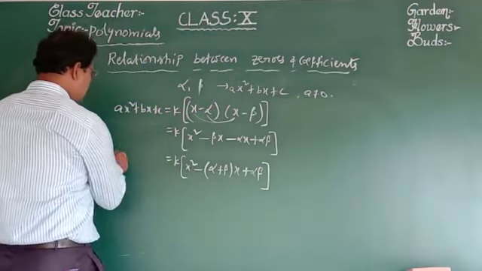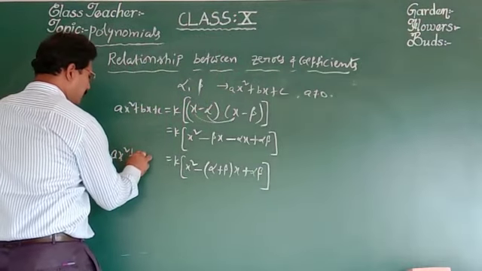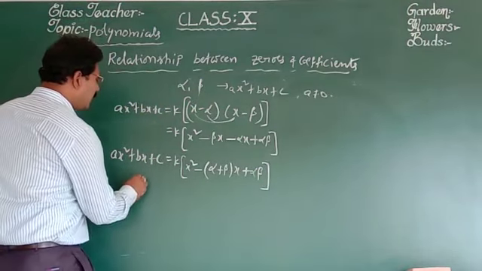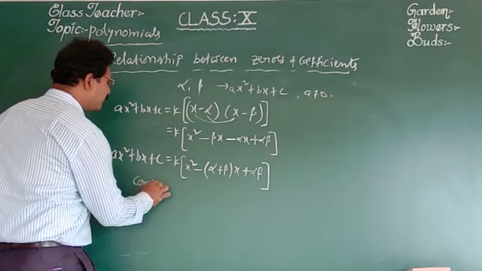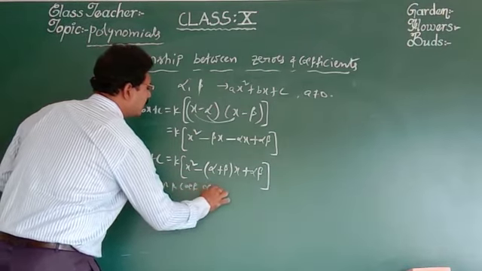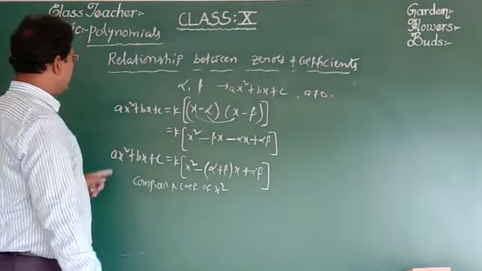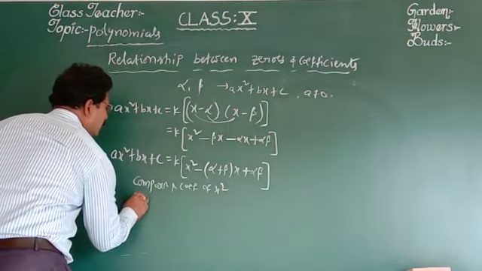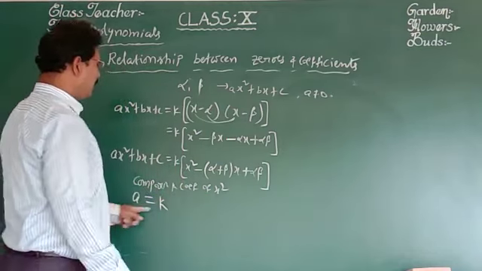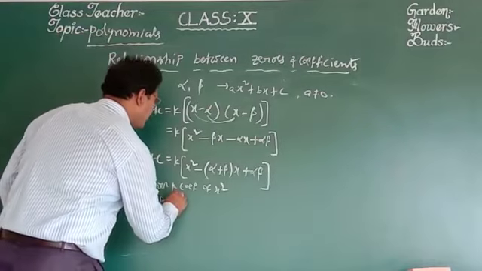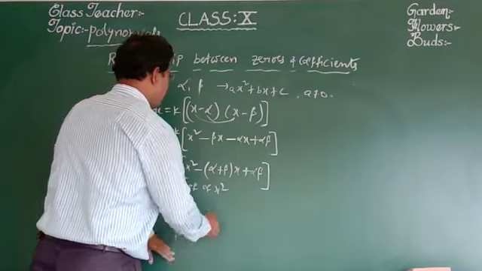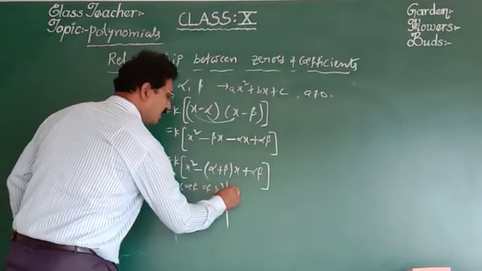Now this is ax square plus bx plus c. Comparing the coefficient of x square, a is equal to k.